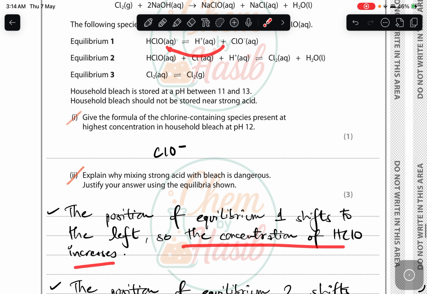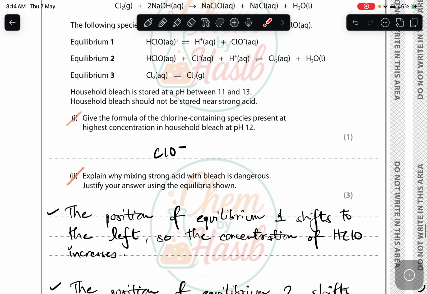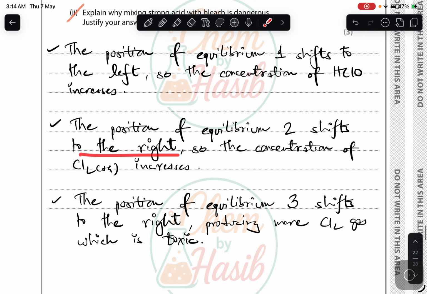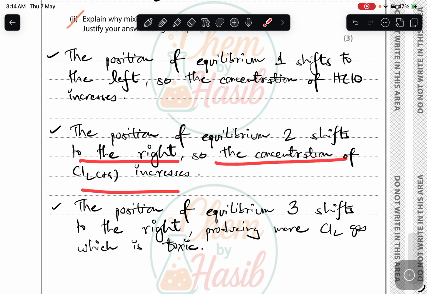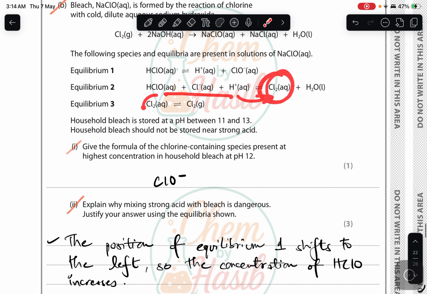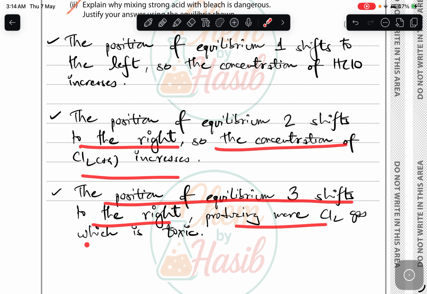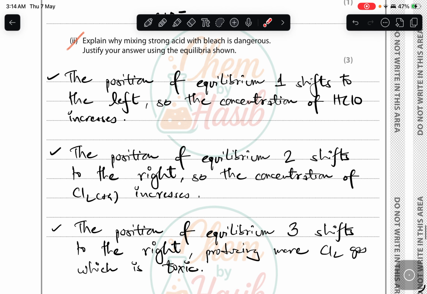And for this reason, the position of the second equilibrium will shift to the right, so the concentration of Cl2 aqueous increases. As the concentration of Cl2 aqueous increases, the third equilibrium shifts to the right, producing more chlorine gas, which is toxic. Alright?